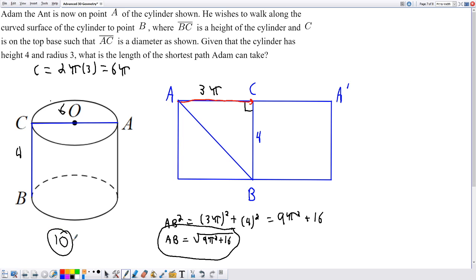And 10 is definitely less than whatever that number is going to be. But it did say the ant is traveling along the curved surface. It didn't walk along the base. So if you were thinking the whole time, well, why didn't you just go straight across like that? Well, because specifically the ant wants to walk along the curved surface for some reason.